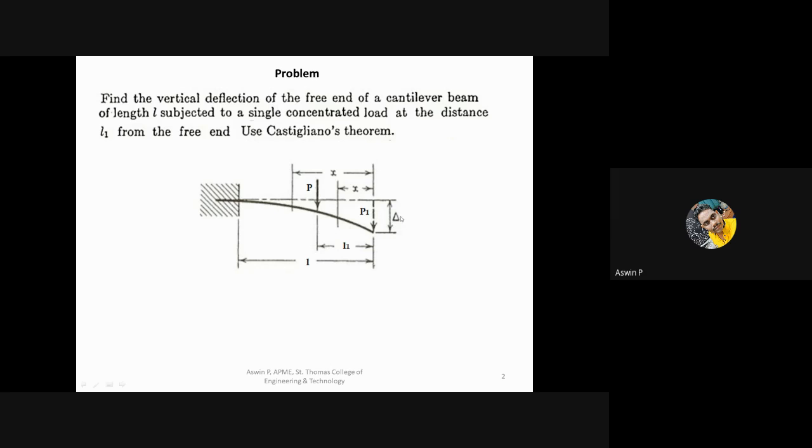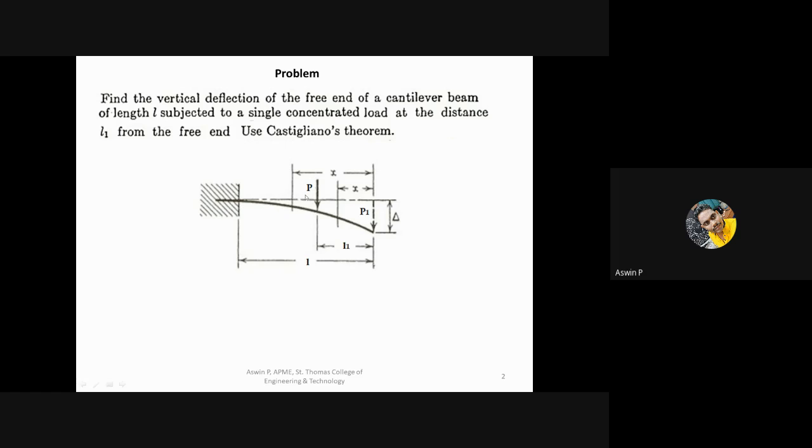Normally, we denote deflection as del. You can either choose del or delta, no problem. In the figure, it is given as delta. And there is a concentrated load P at a distance L1 from the free end. So this is the only load acting here.